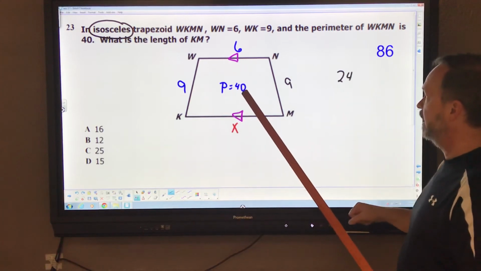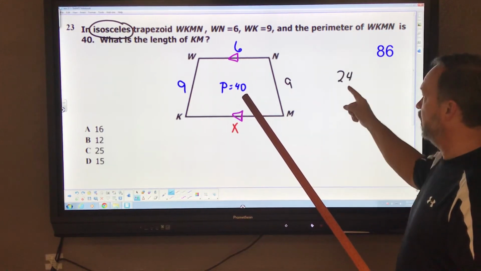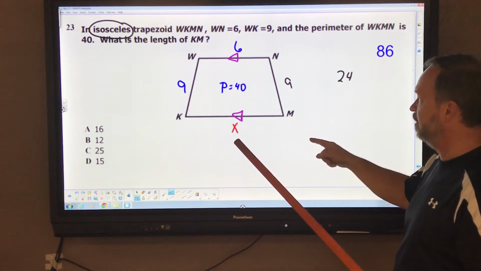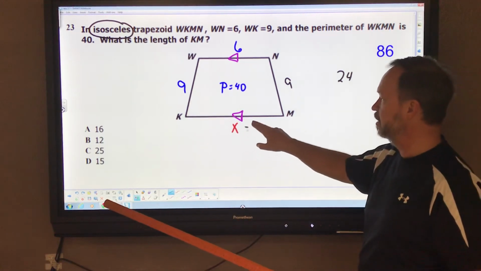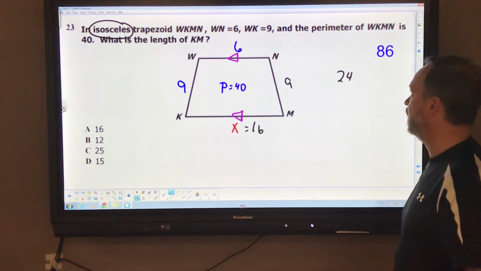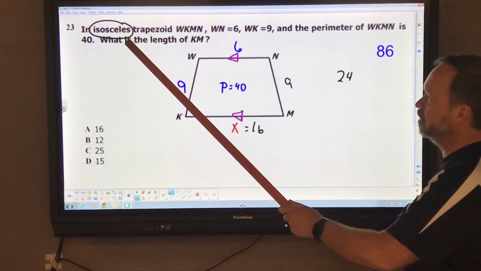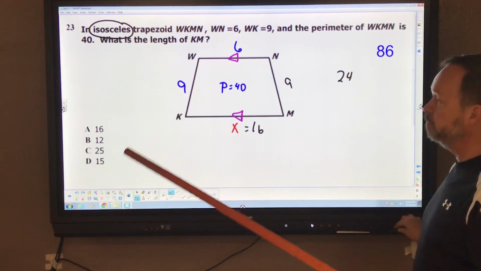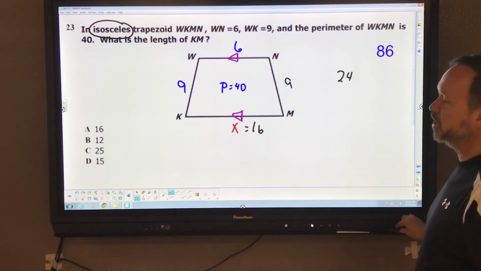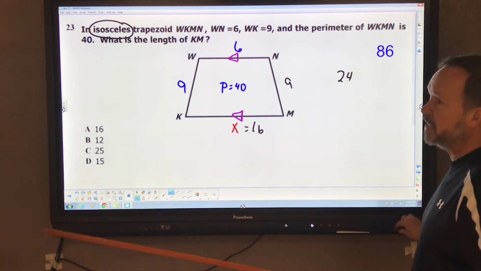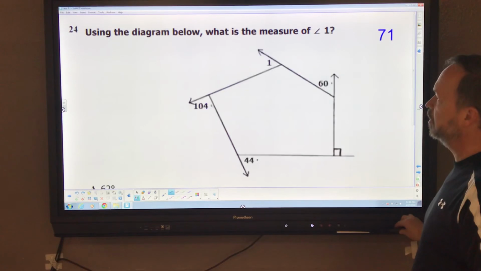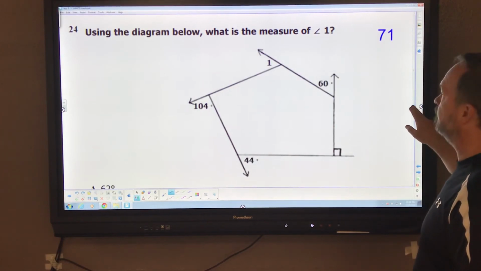How much do I need in all? 40. What's this side going to be? 16. Answer is A. It's a little sneaky. You've got to watch your words. They usually give you information. You just got to be able to see it, recognize it, interpret it, know what to do with it.